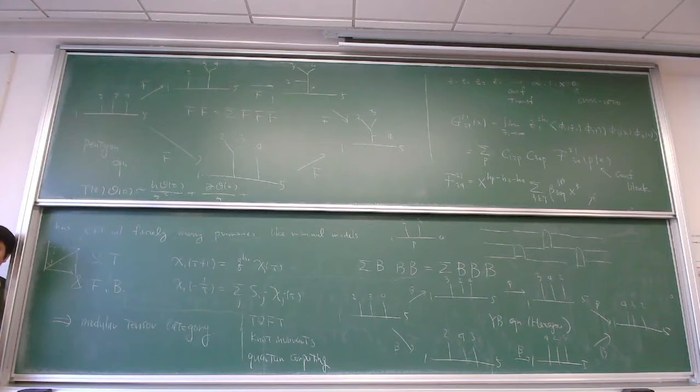So primaries means the dots in this area. That's why the minimal model is exactly solvable. If you have infinitely many primaries, it's much harder.